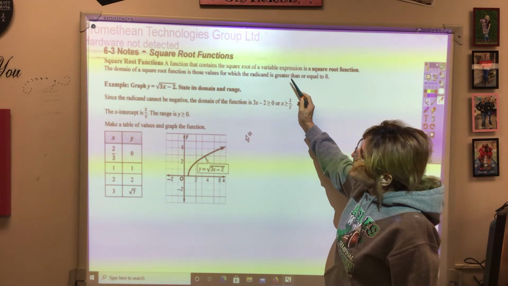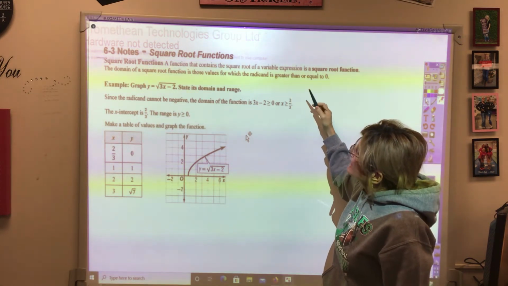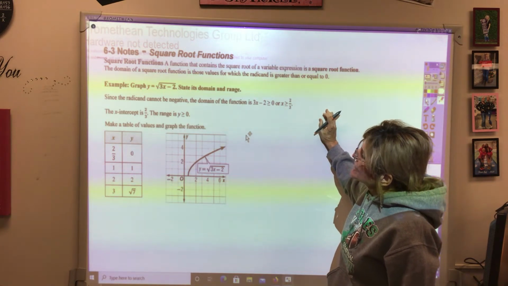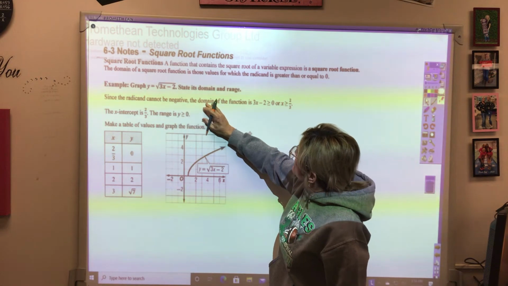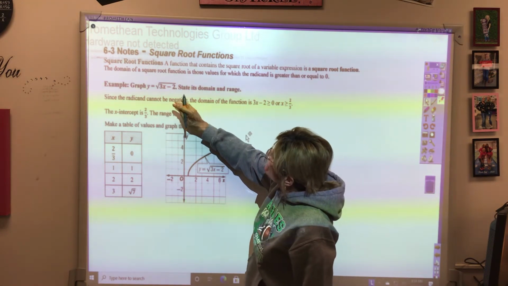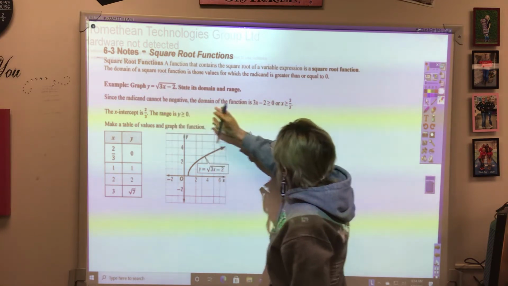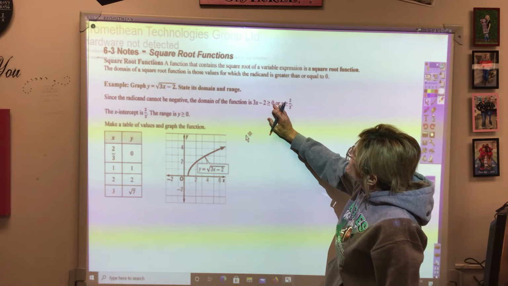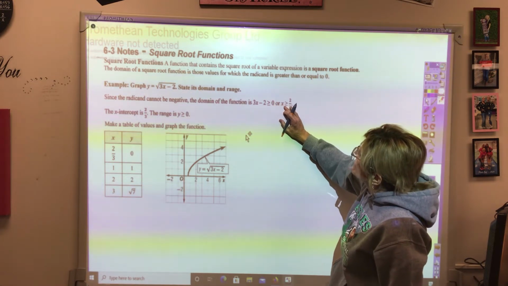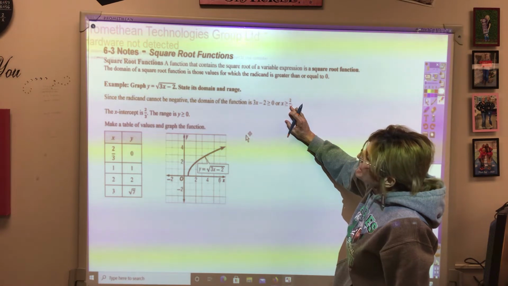So in the example, graph y equals the square root of 3x minus 2, state its domain and range. Since the radicand cannot be negative, the domain of the function is found by looking at what's in the radicand, which is 3x minus 2. Set that greater than or equal to 0, and then solve for x. That is your domain.